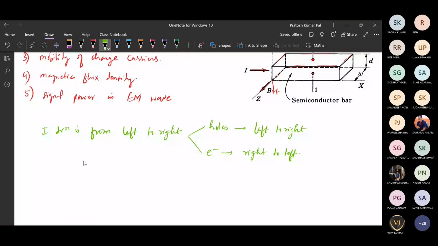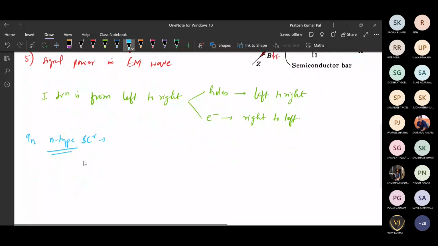Okay, so if electrons are the case, in an n-type semiconductor, the current will be basically because of the electron movement.